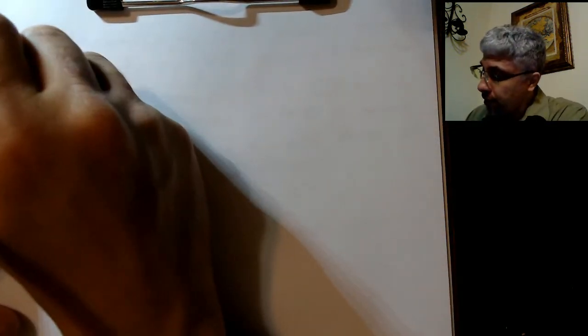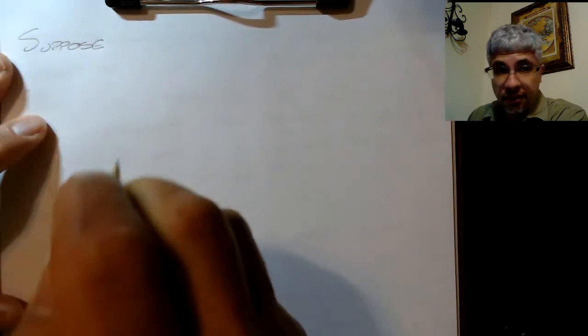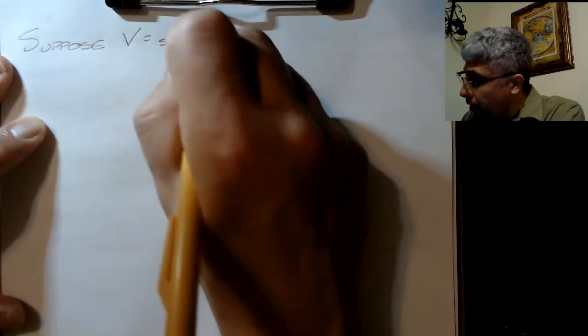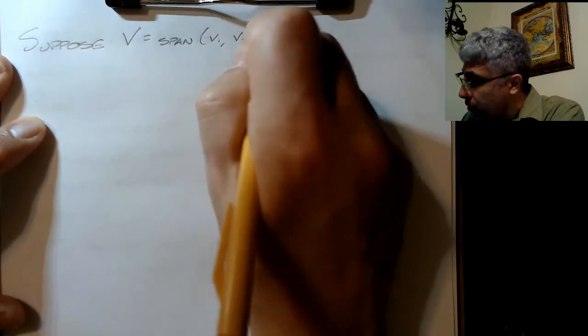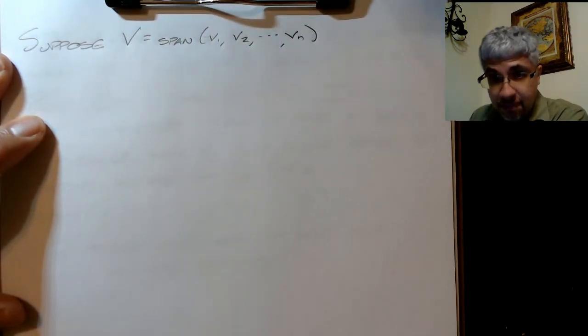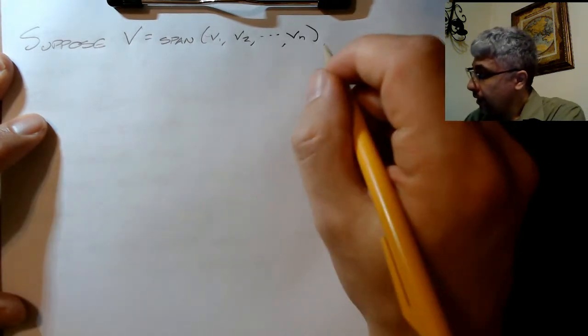So what I'll do is I'll say, suppose V is equal to the span of V1, V2 through Vn. Okay, so V is equal to the span of these vectors.